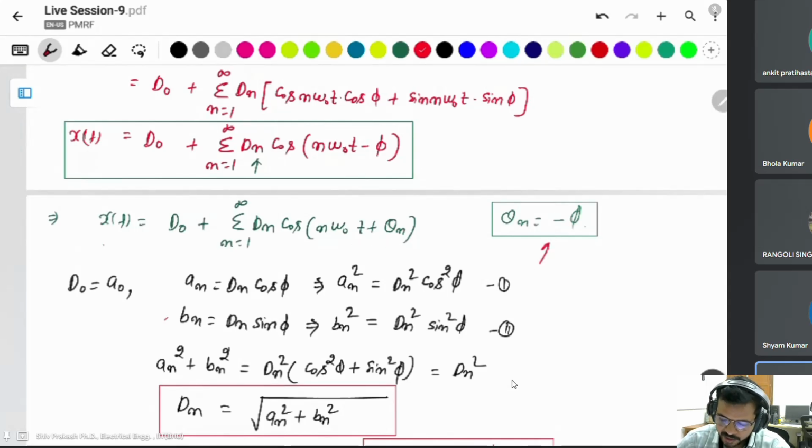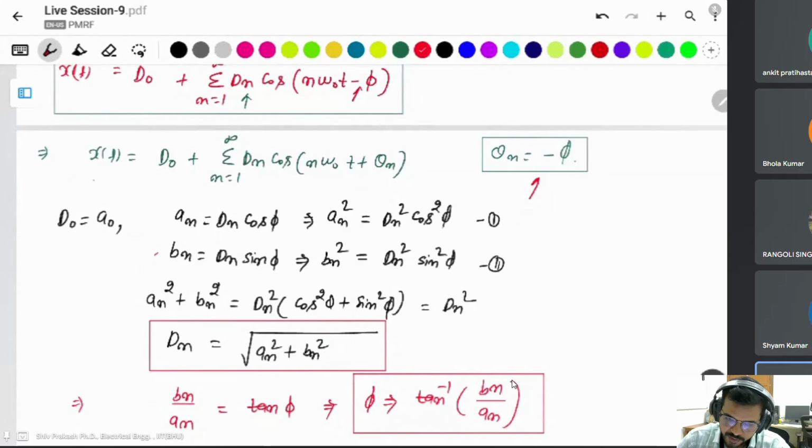Theta n is the same as minus phi n, because the minus is replaced to give the positive value. That's why it is theta n.